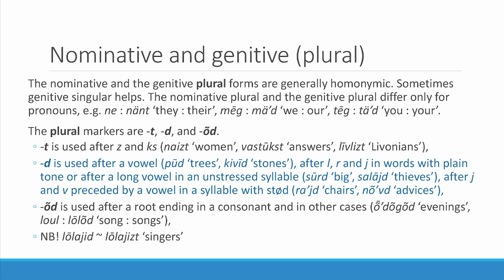Then in words with stö, you also use this soft D. So it's ride, chairs, and node, advices.